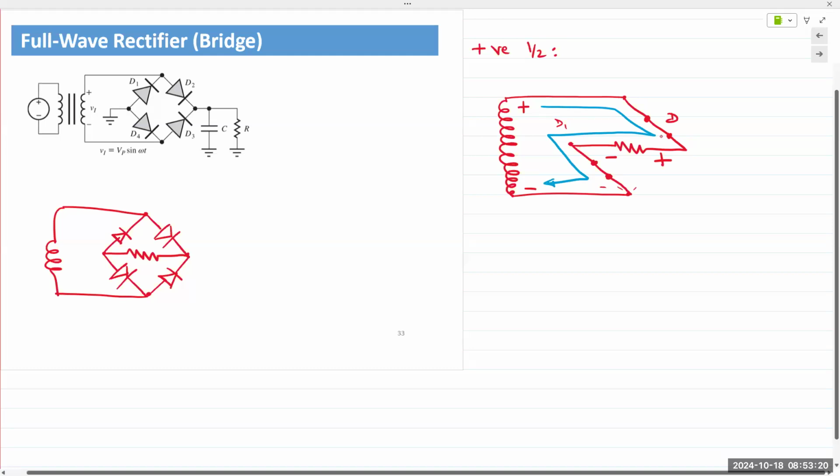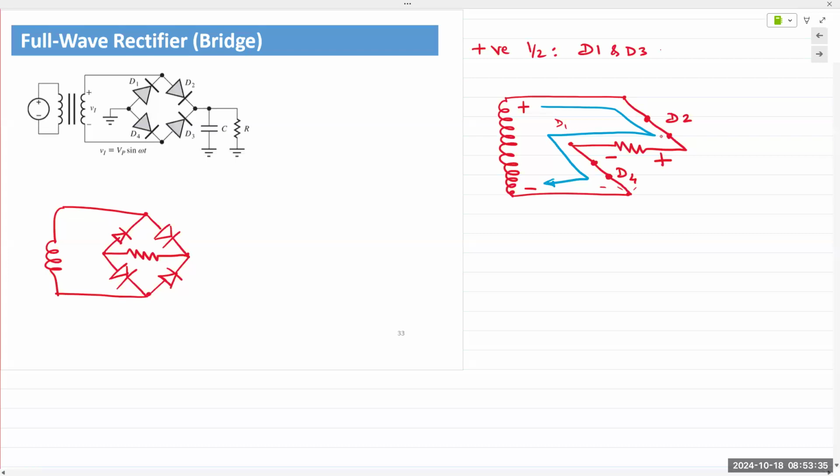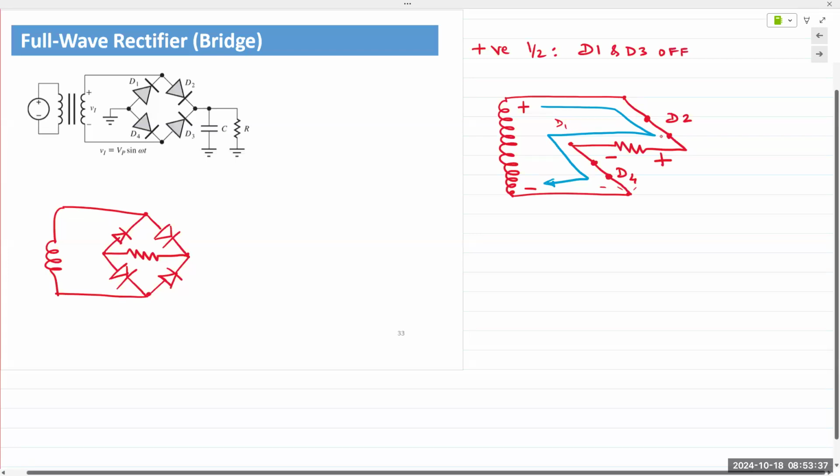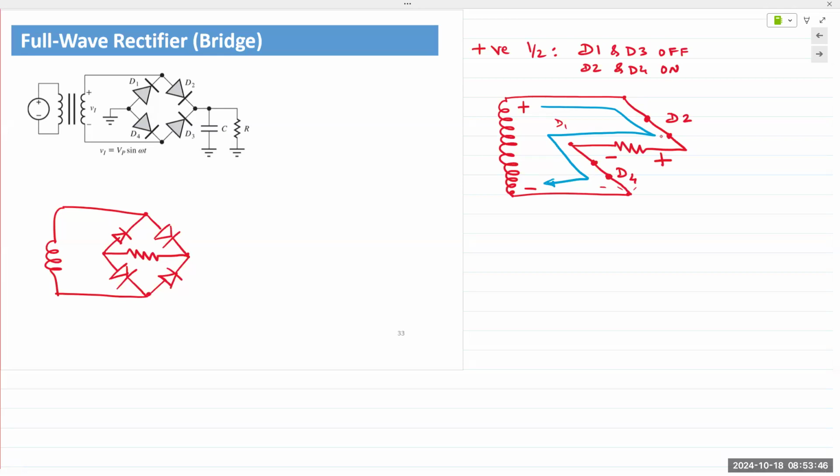So this is D2, this is D4. And I will write D1 and D3 are off, and D2 and D4 are on. Okay. So two of them are on, two of them are off.